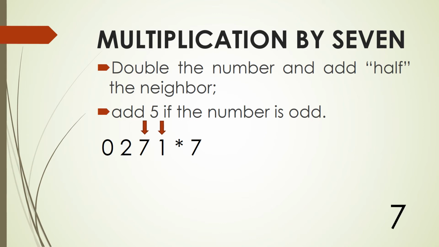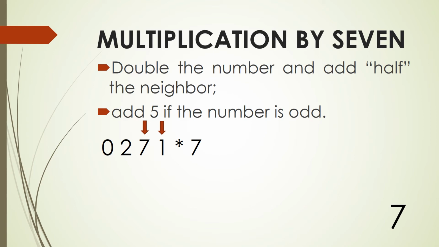The next number, we need to double that number, which is going to be 14 plus 5, and we need to add half of the neighbor. So in total it's going to be 19.